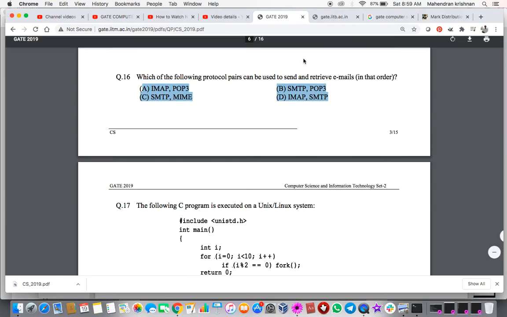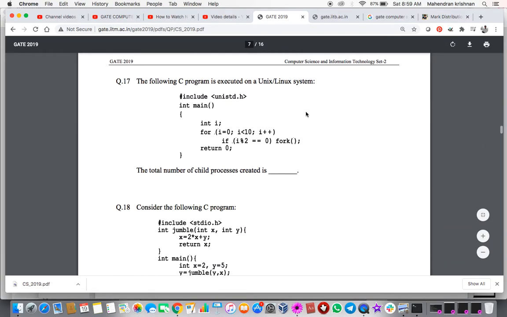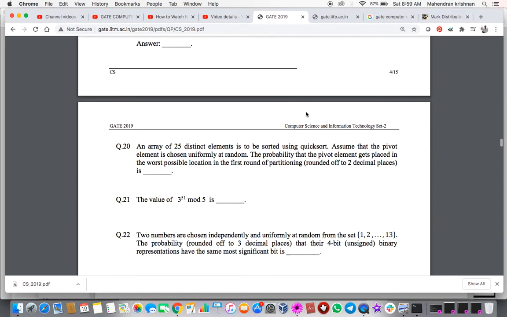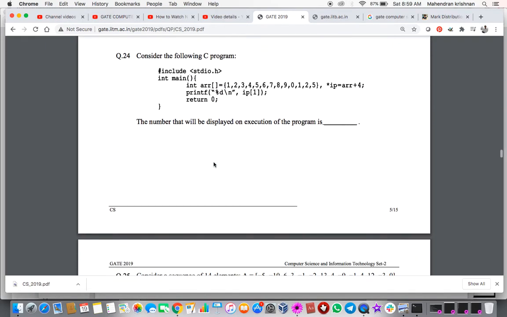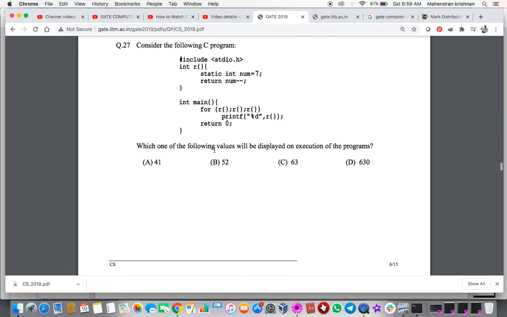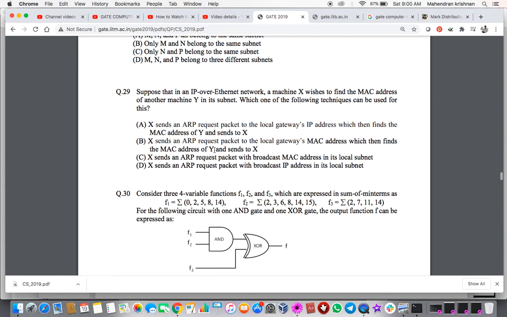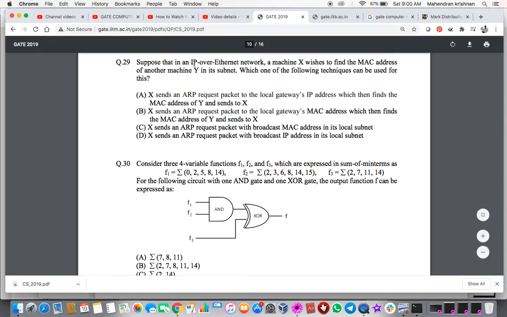Sending means SMTP, receiving is POP3. If you know it, then we can give the answer. Memory based, right? Now this is application based.